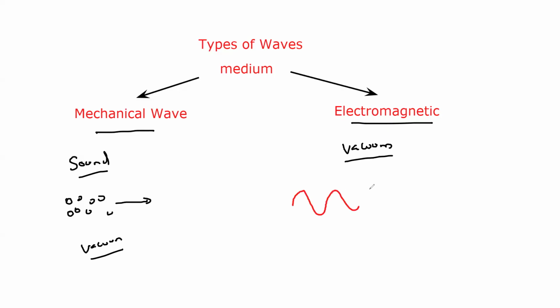All of these waves transfer energy without the need of particles. So the first category of waves is in terms of the medium, which can be electromagnetic or mechanical.